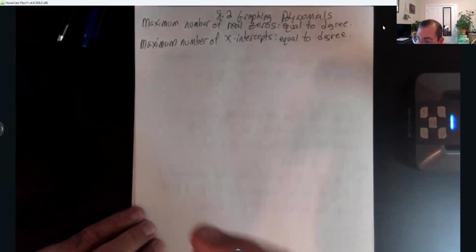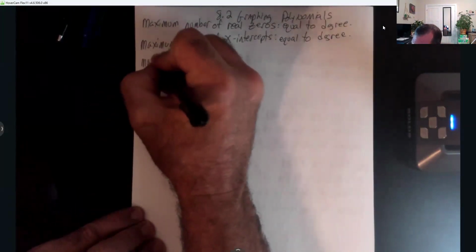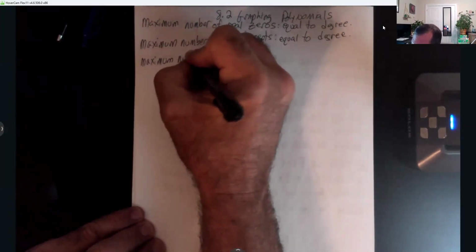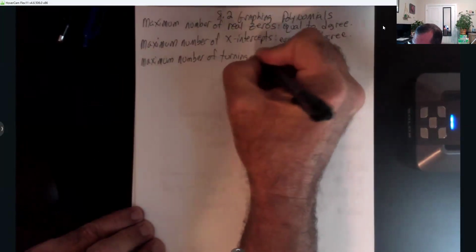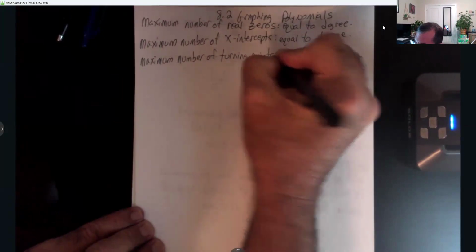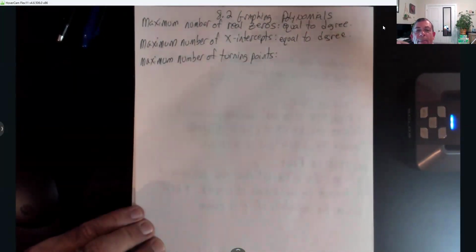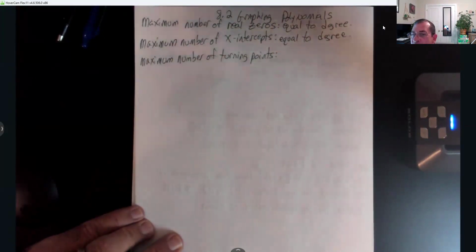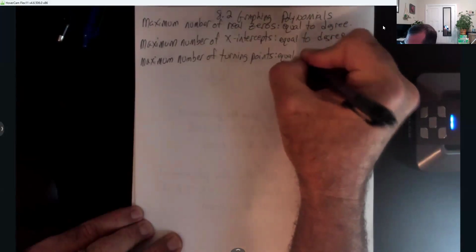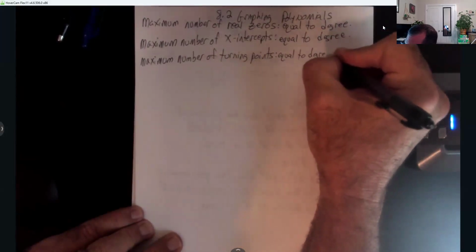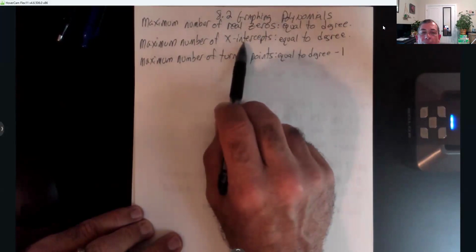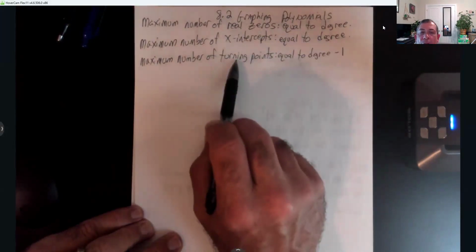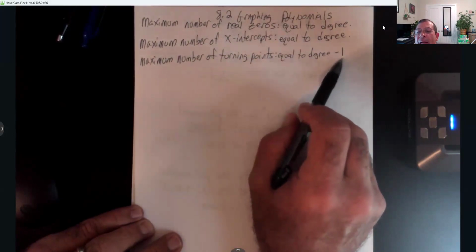Now, the last thing I can get from that degree is the maximum number of turning points. So the maximum number of turning points is equal to the degree minus 1. Okay, so real zeros equal to the degree, x-intercepts equal to the degree, turning points equal to the degree minus 1.